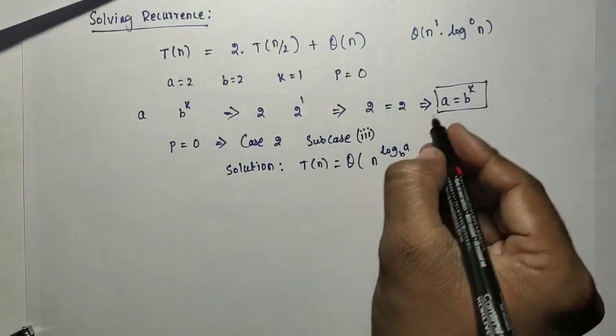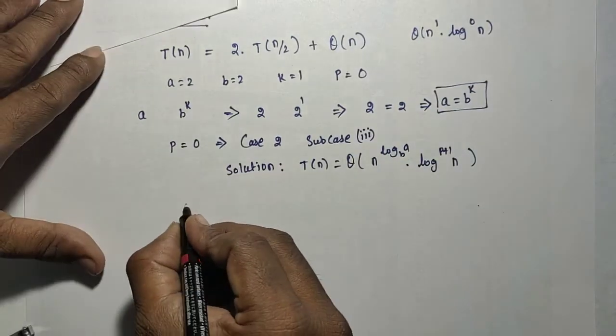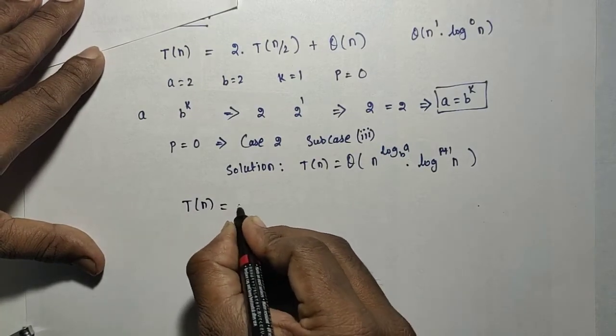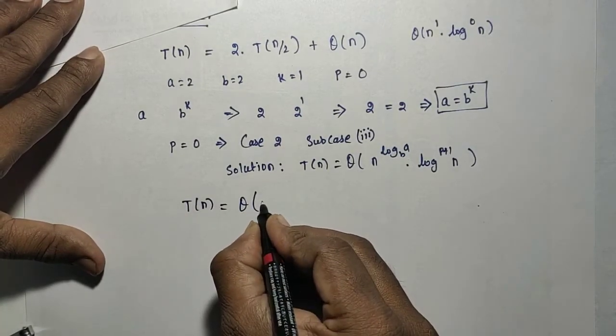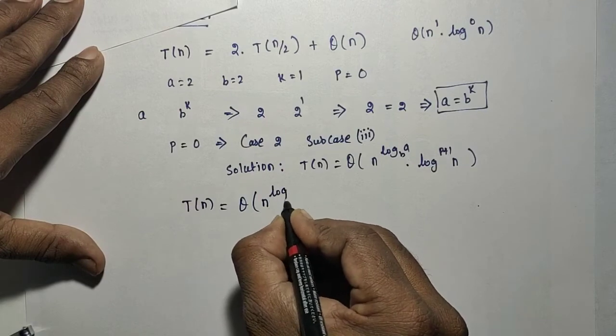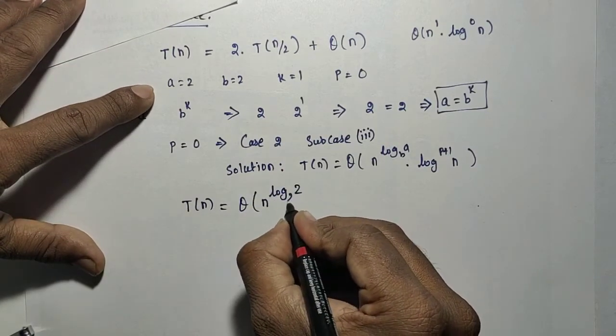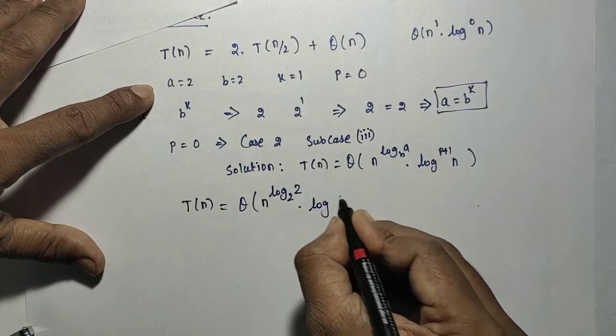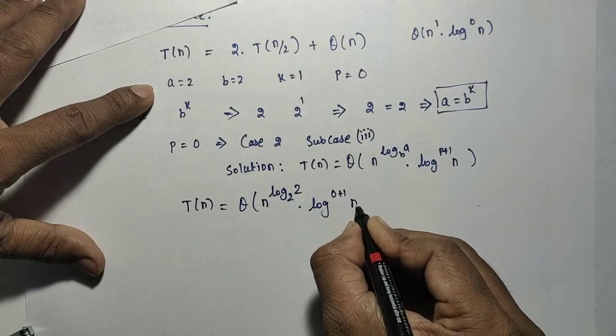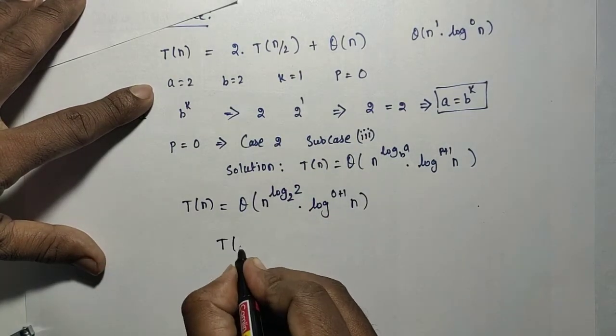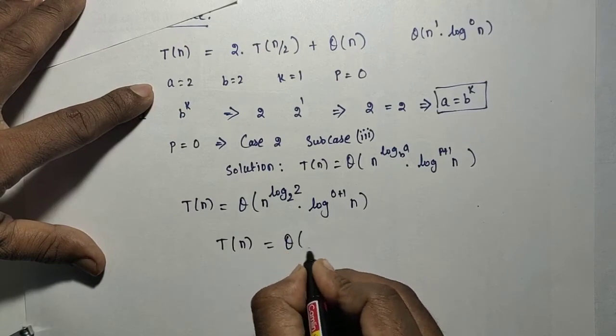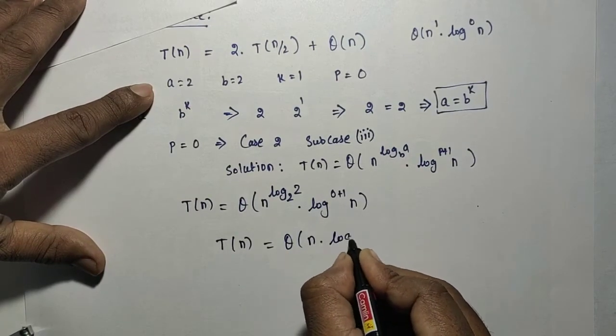In this case, T of n equal to theta of n power log a base b, a is 2, base 2, into log n power p plus 1, 0 plus 1. Okay, so T of n equal to theta of n log n.